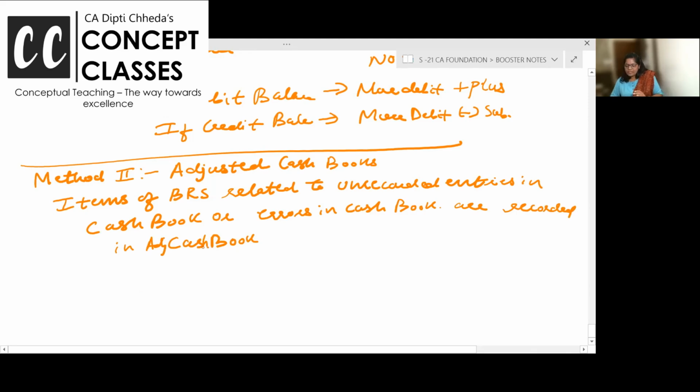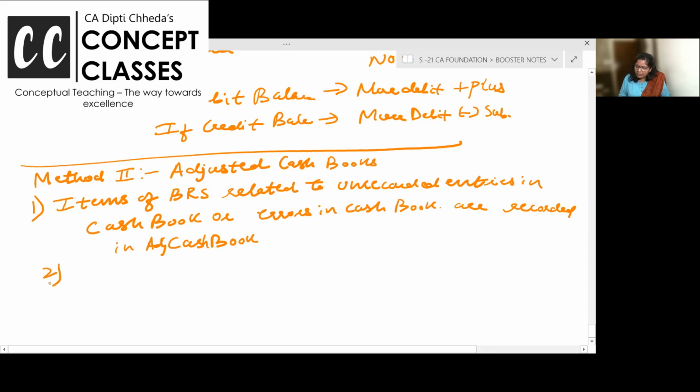Is my language clear or confusing? Items of the BRS. Generally, you prepare BRS, but in BRS, items which are not recorded in the cash book, and errors which are there, they are all recorded in the adjusted cash book. Okay, this is the first point.